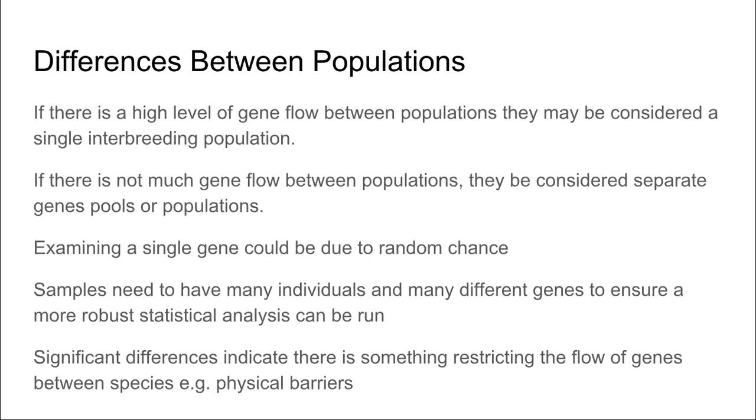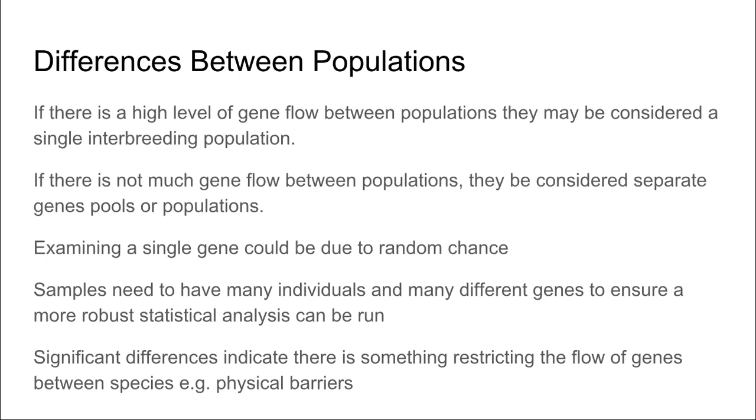So between different populations, there must be a high level of gene flow for these populations to be considered a single interbreeding population. If their genes do not flow between these populations, they may be considered separate gene pools or populations. However, if we focus on a single gene when we're examining these frequencies, this can be due to random chance.